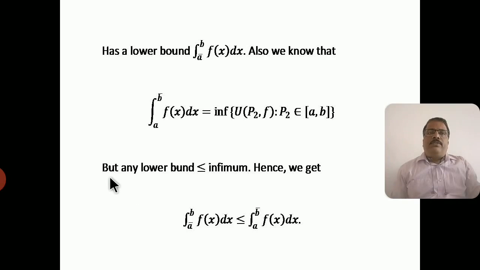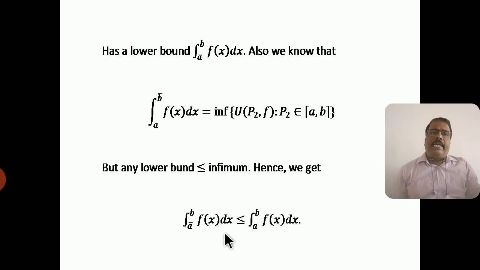Now any lower bound is always less than or equal to the infimum. Infimum means it is the greatest lower bound, and any lower bound is always less than or equal to the greatest lower bound.